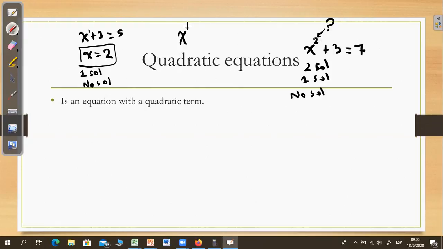So question, what do you think is going to be in x to the power of 3 minus 3 equals 5? In consequence, because this is related in general with polynomials. So what do you think? How many solutions will this equation have? Two solutions.